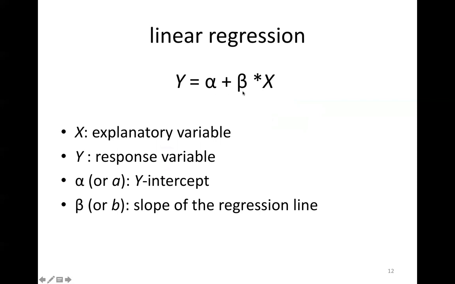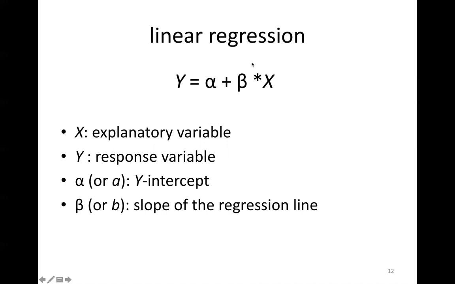These are parameters of the model that we will be estimating, and that will be describing the relationship between x and y. Alpha is also called the intercept, and beta is the slope of the regression line. Beta, the slope; alpha, the intercept.